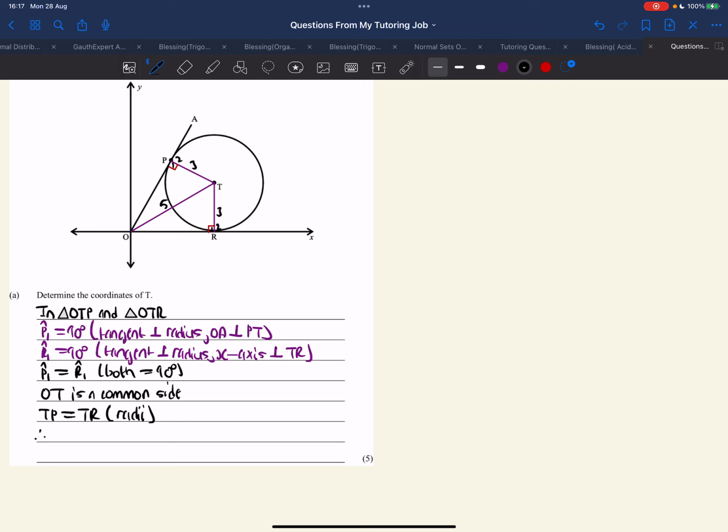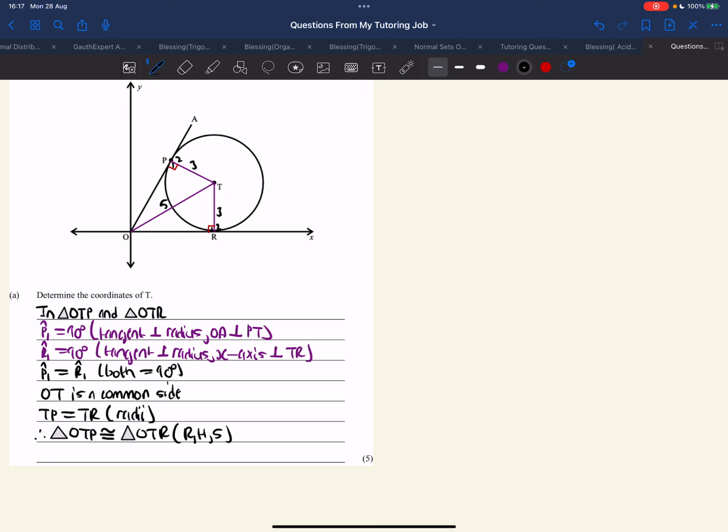Now I can say therefore triangle OTP is congruent to triangle OTR, and the reason is RHS. Remember, R stands for the right angle, H stands for the hypotenuse, which is OT being the common side, and S stands for the side, the radius there, which is any side.